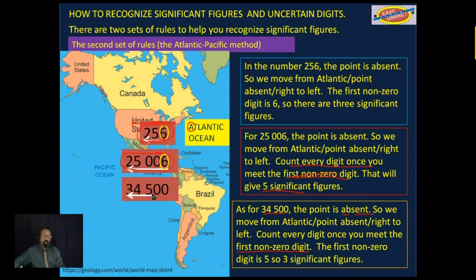So we will skip 0 and 0 and we will start counting from 5 because 5 is the first non-zero digit that we meet. And so we count 5, 4, and 3. And we have 3 significant figures. Out of the significant figures, the one on the far right is the uncertain digit. So our uncertain digit in the number 34,500 is 5. 3 significant figures. That is if the point is not expressed, it is absent.